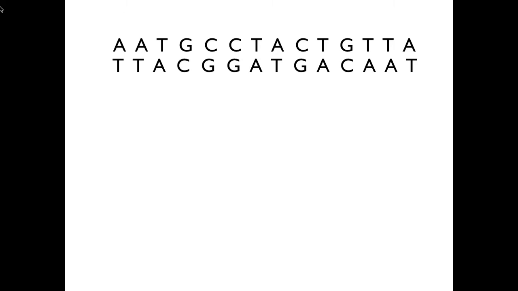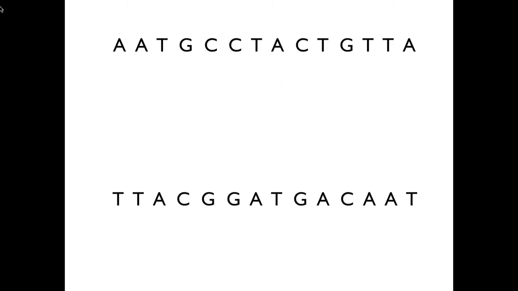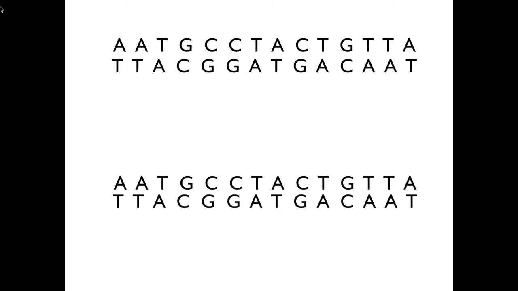Now DNA helicase comes in and unzips those 2 strands of nucleotides. Now DNA polymerase is going to come in and bring in new nucleotides. So I get a new strand down here, a new strand up there, and now those 2 strands will wind together, create a double helix, and we have 2 identical strands of DNA that came from just one.